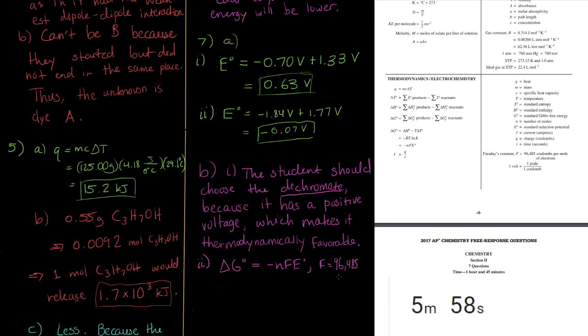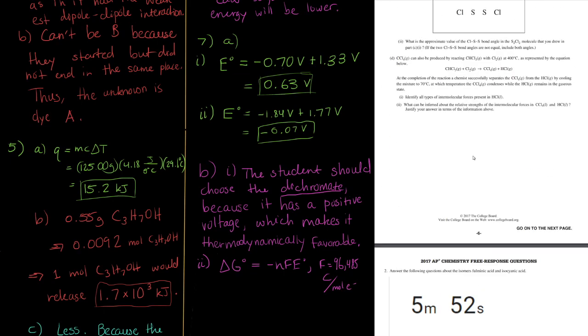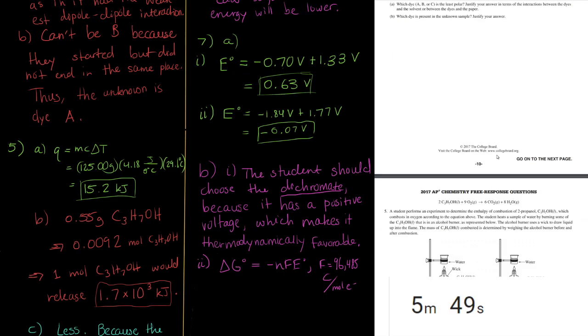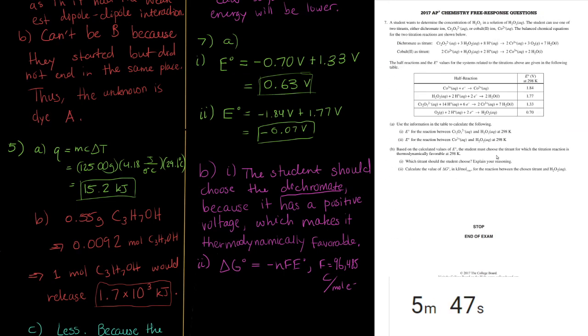So this is coulombs per mole of E minus. Let's do this. So the G value in E, perfect.